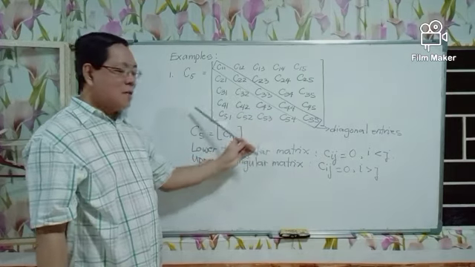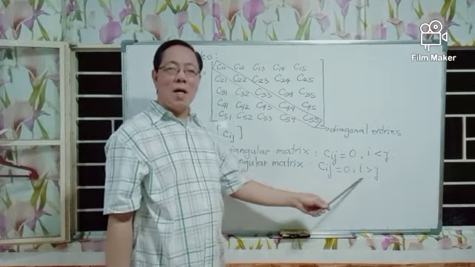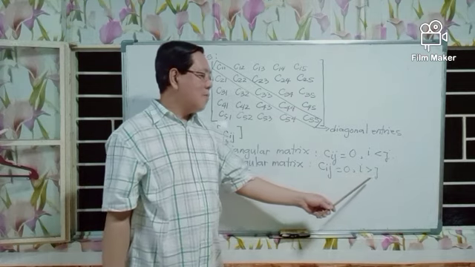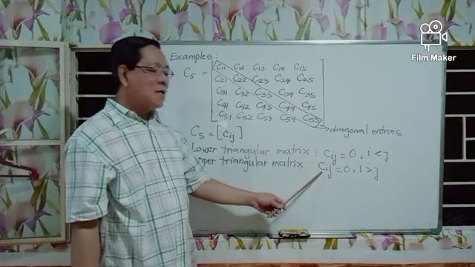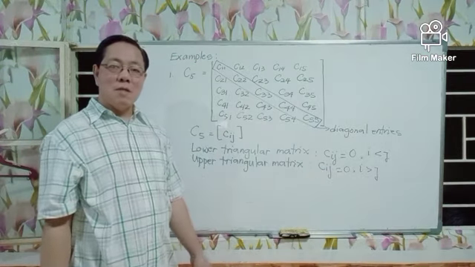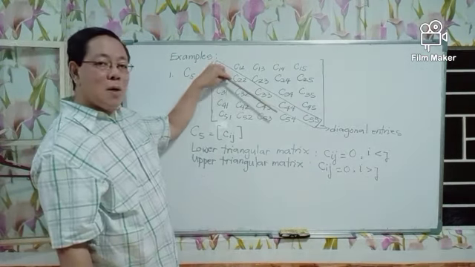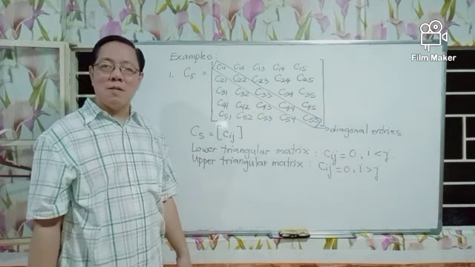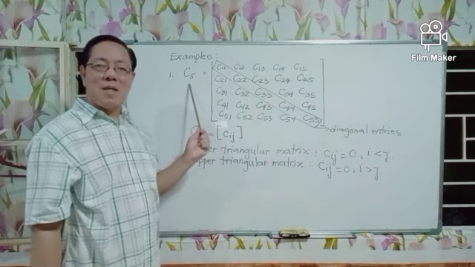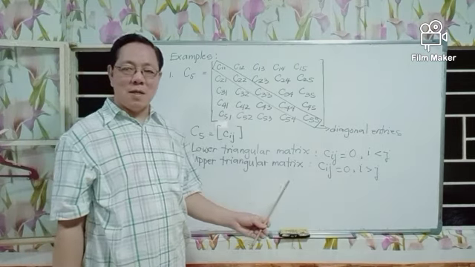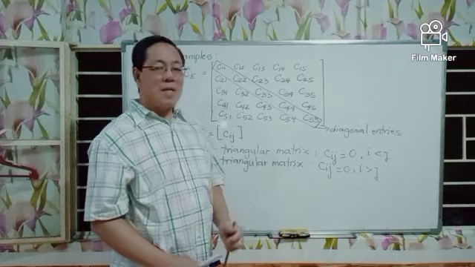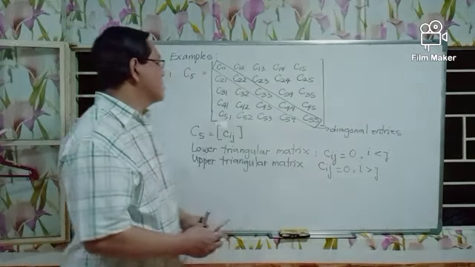These are the entries c sub ij for i greater than j. For the row number greater than the column number, if all these entries are 0, if all the entries below the diagonal entries are 0, then the square matrix C5 is called an upper triangular matrix. We take another example.